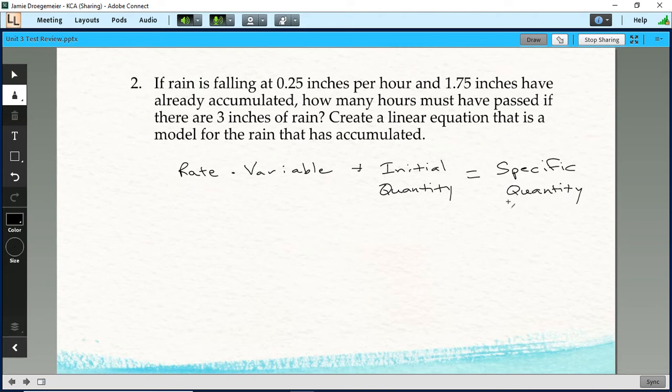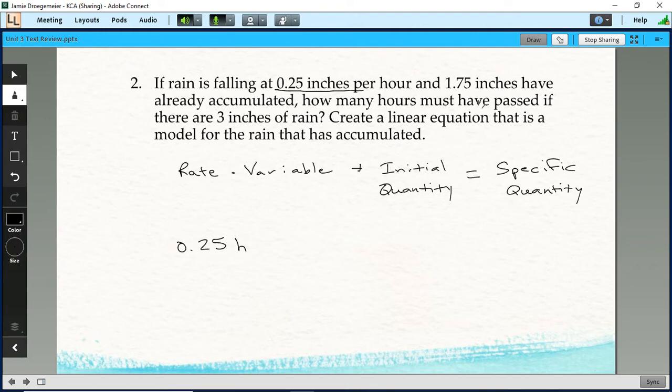In this problem that they've given us, we have a rate. It's falling at 0.25 inches per hour. We want to know how many hours, so our variable is going to be h, and so that rate is the 0.25 times the number of hours.